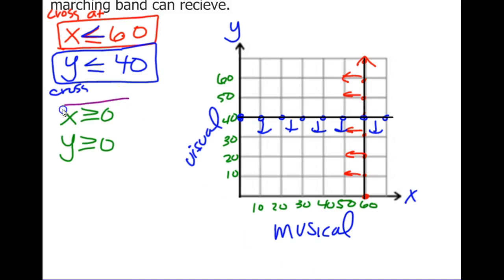However, if you wanted to graph these two, that would be going above and beyond, meaning that x is greater than 0. So here's x is 0, and we cross through when x is 0, so this would be a vertical line crossing through when x is 0. It's greater than 0, so to the right. Or in the same way, we could graph when y is greater than 0.